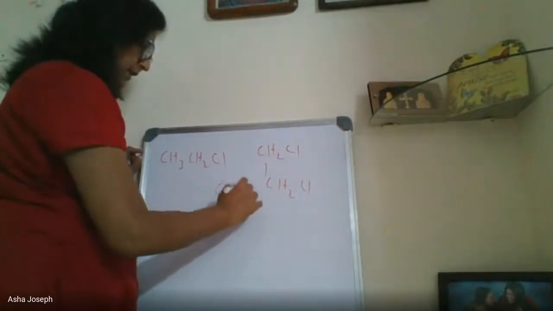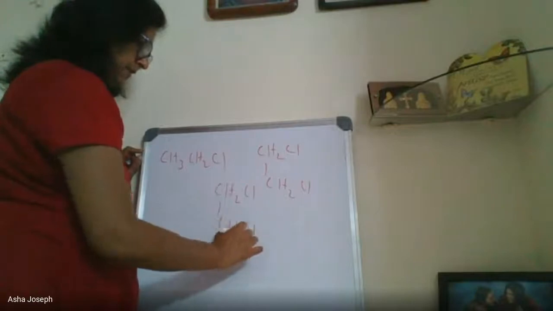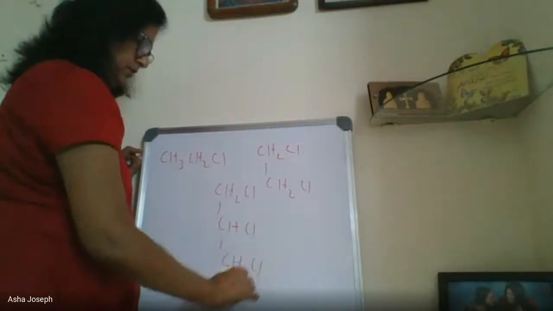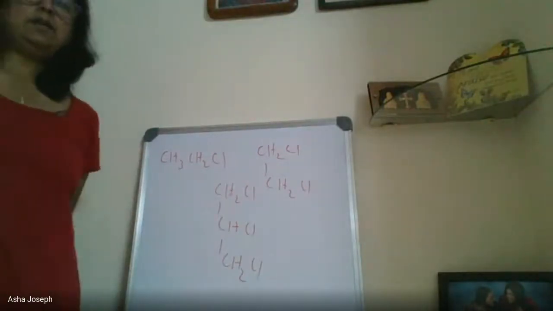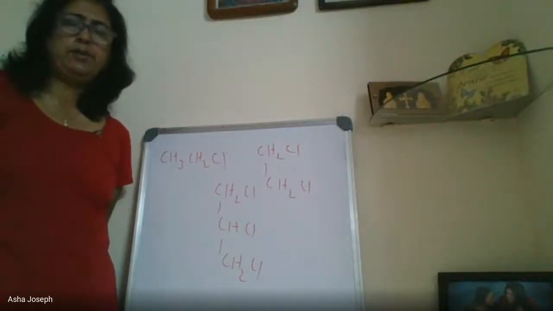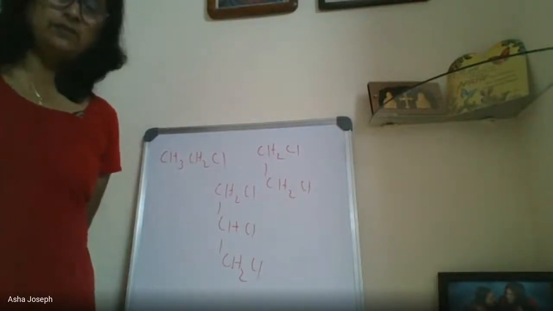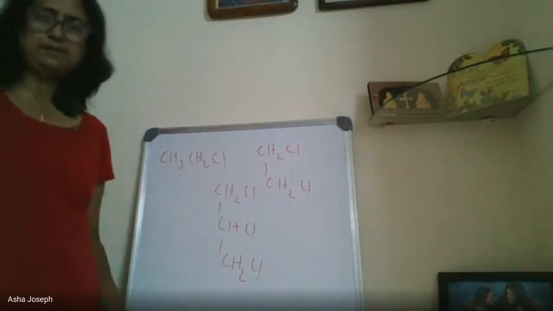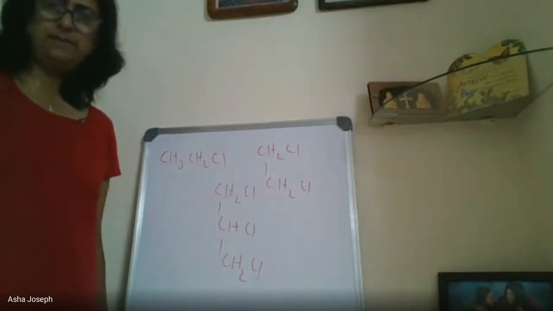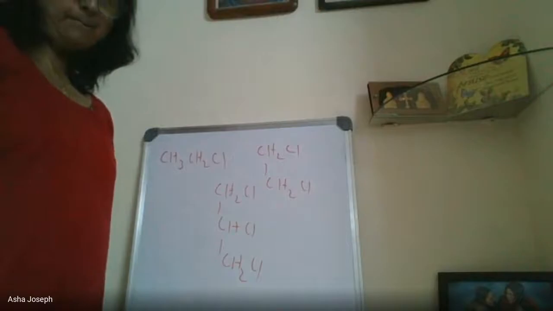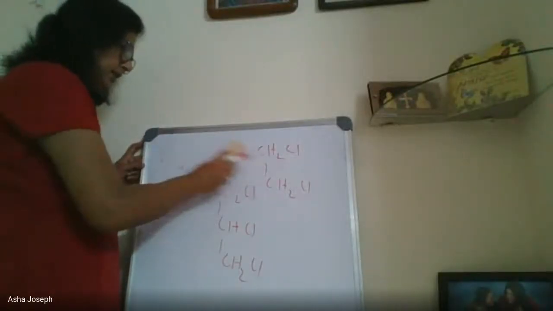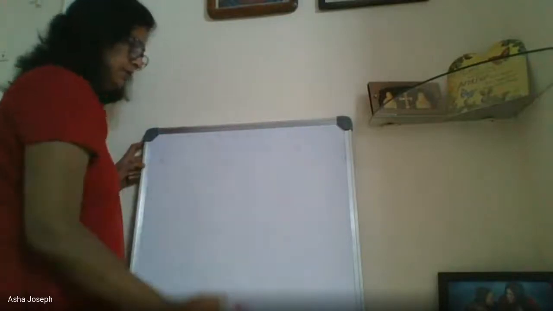And if three halogen atoms are there, it is a trihalo compound. So based on the number of halogen atoms, you can classify into mono, di and tri halogen derivatives. Clear? This is aliphatic. Okay, so now aromatic. I'm going to draw.